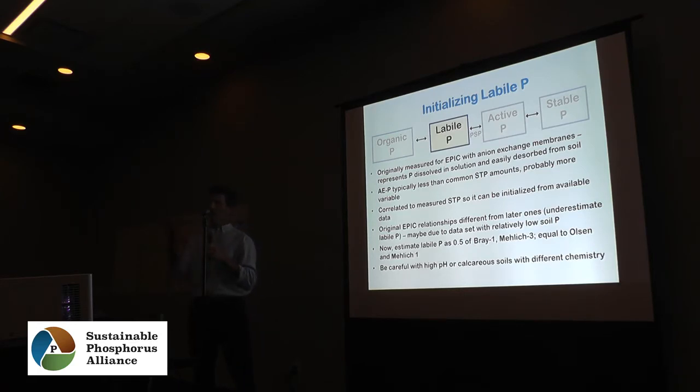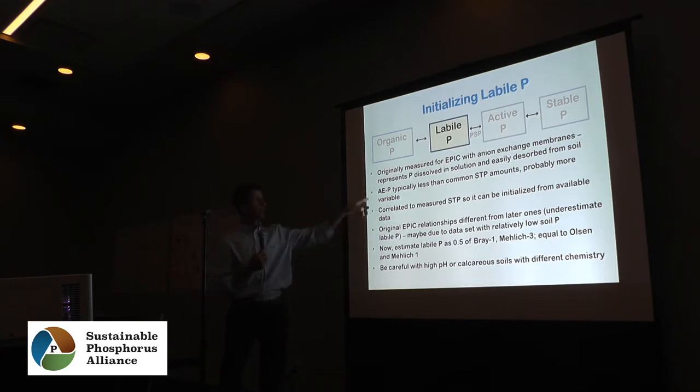The phosphorus comes off of the soil into the water, and that membrane is like a plant root. It's taking up that phosphorus, pulling it out of solution so that more can come off the soil. That's the experimental design. You're trying to get at what's in the solution plus what's going to come off the soil easily. And then what you do is, that's not the soil tests that we run, the Mehlich 3, the Mehlich 1.